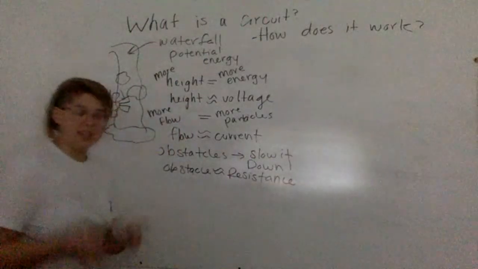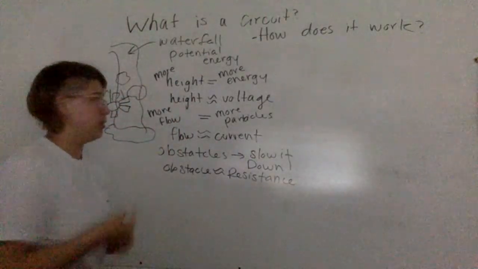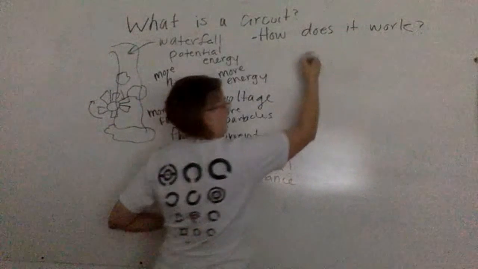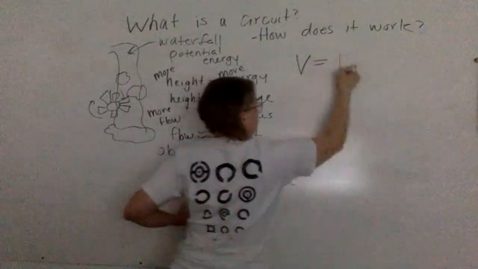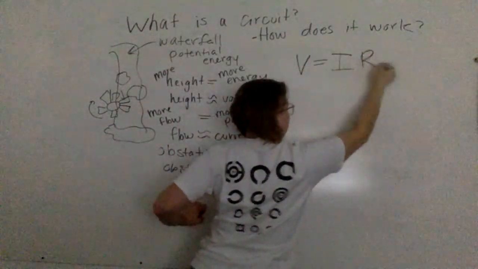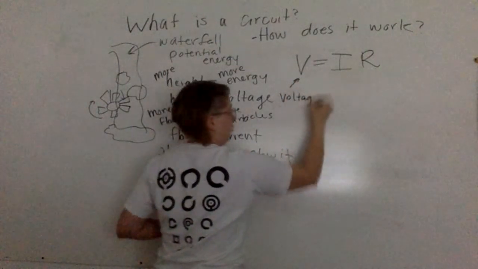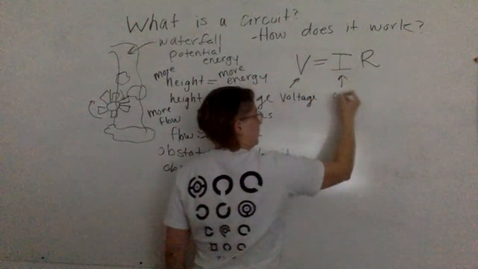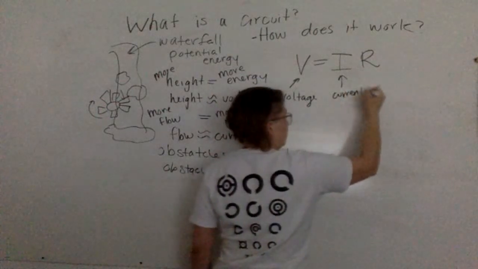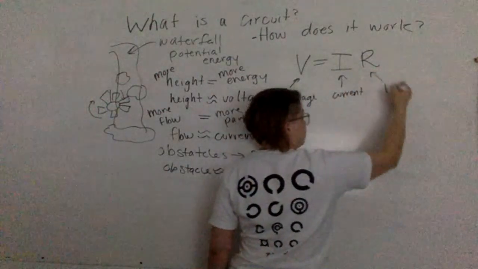And so that's where we get this basic relationship of V equals IR. Voltage equals current times resistance.